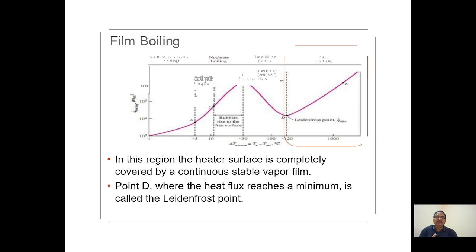In this process, the heater surface is completely covered by a continuous stable vapor film. At point D, the heat flux reaches a minimum, which is called the Leidenfrost point.